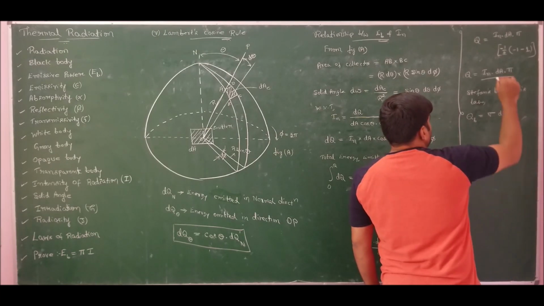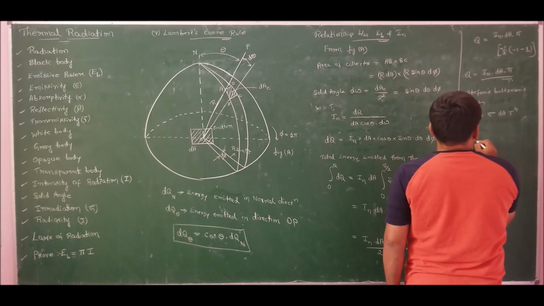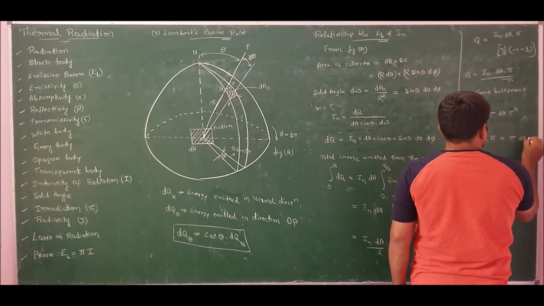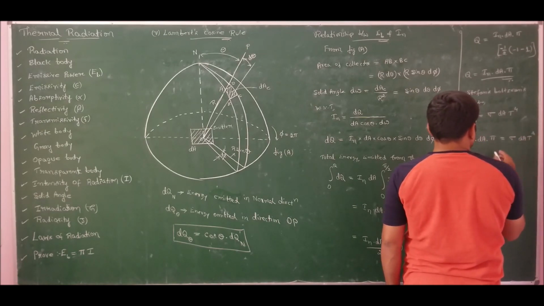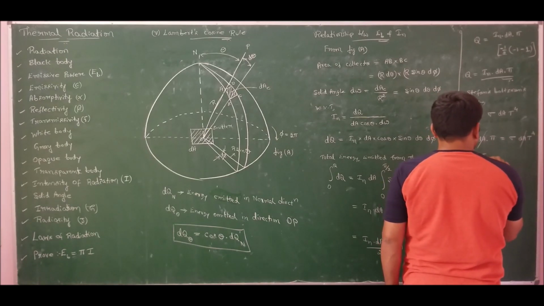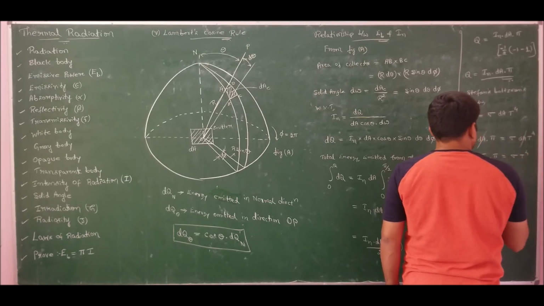So if I equate these two for the amount of energy emitted from the surface, I will get intensity of radiation times dA into pi is equal to sigma dA T to the power of 4. So sigma dA will get cancelled, and I am left with intensity of radiation into pi equal to sigma T to the power of 4.